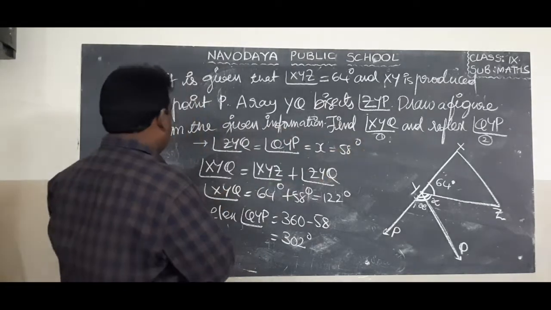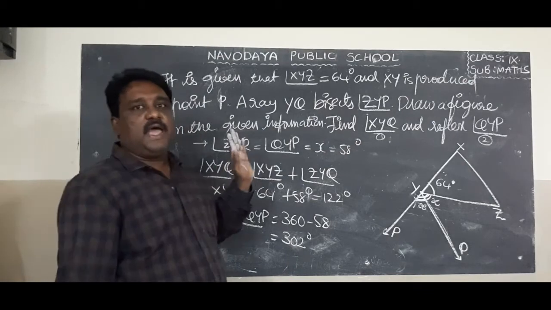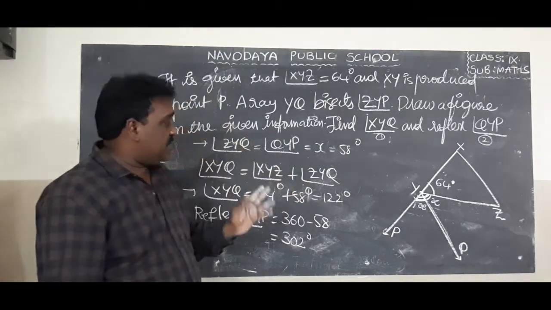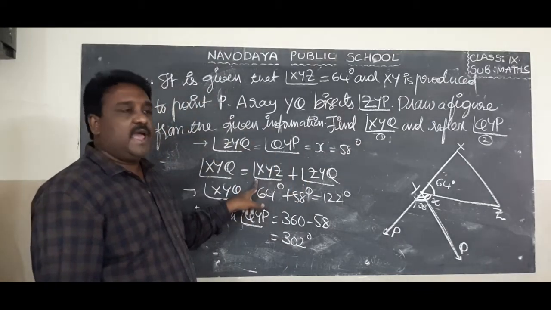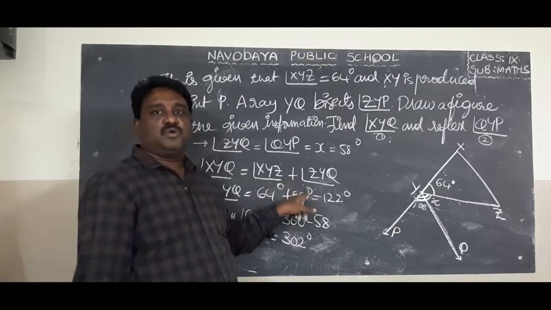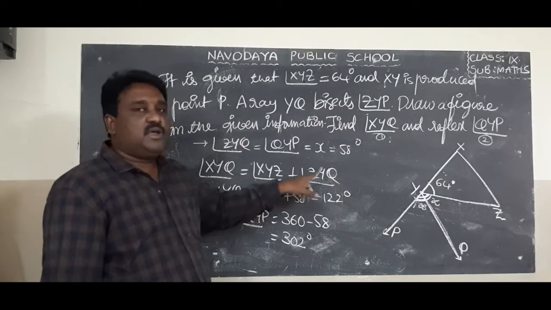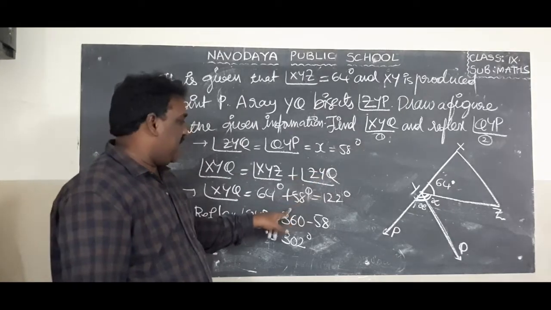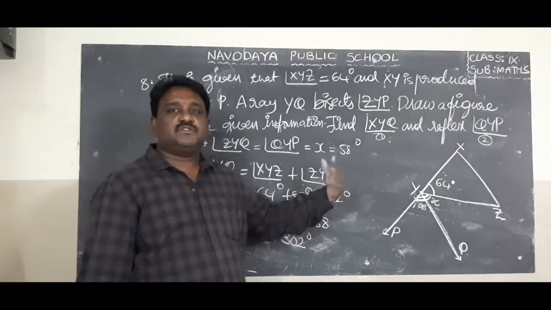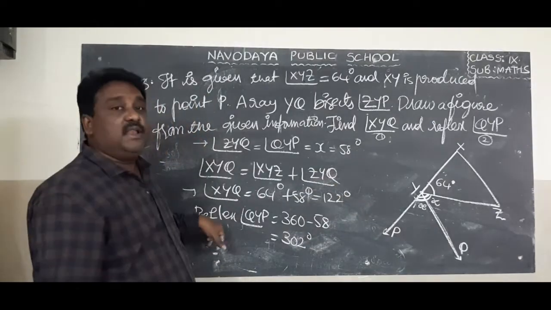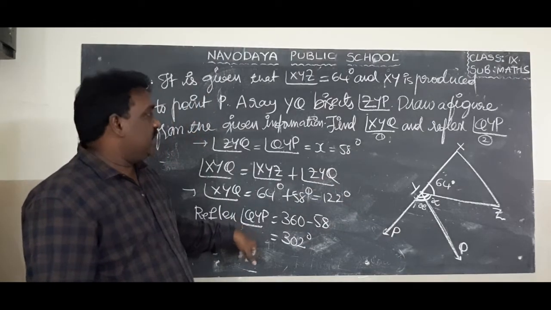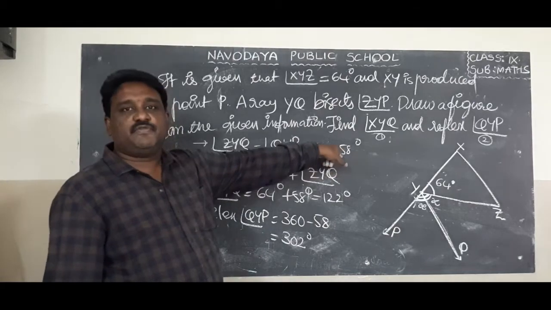58. First angle we need to find out is angle XYQ. It is the combination of two angles. Number one, angle XYZ plus number two, angle ZYQ. Angle XYZ is 64. Angle ZYQ is 58. Add them. What do we get? 122. Second angle, reflex angle QYP. Angle QYP is 58.